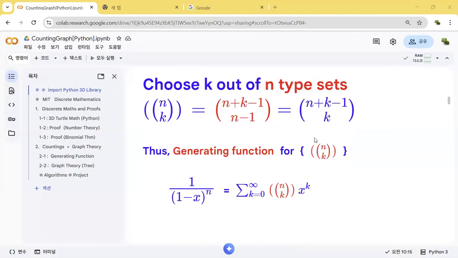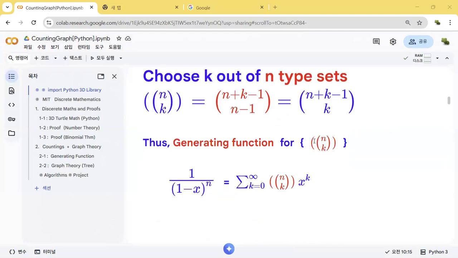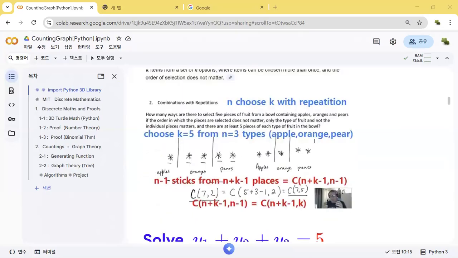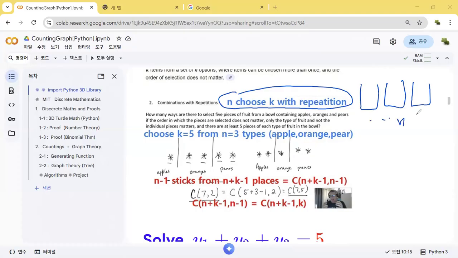And then briefly, let's explain why n choose k with repetition is this kind of thing. Okay, so suppose n choose k with repetition means there are n types of objects. Okay, so there are n boxes.